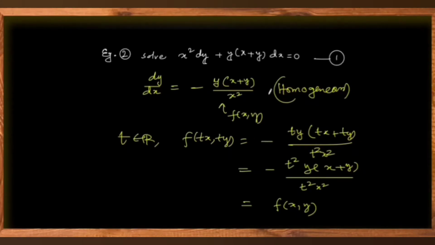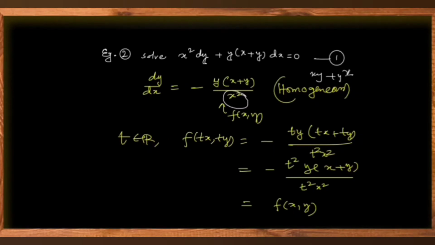What are the things to observe? The power in the denominator, that is x square, is 2, and in the numerator we have two terms, one is xy and another is y square. So the power of y is 2, and in xy the power of x is 1 and of y is 1, and since there is a product we have to add the powers, which gives 2.